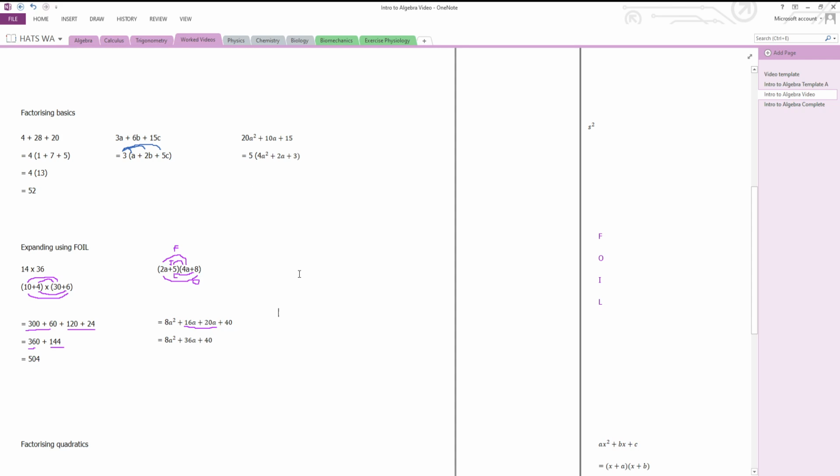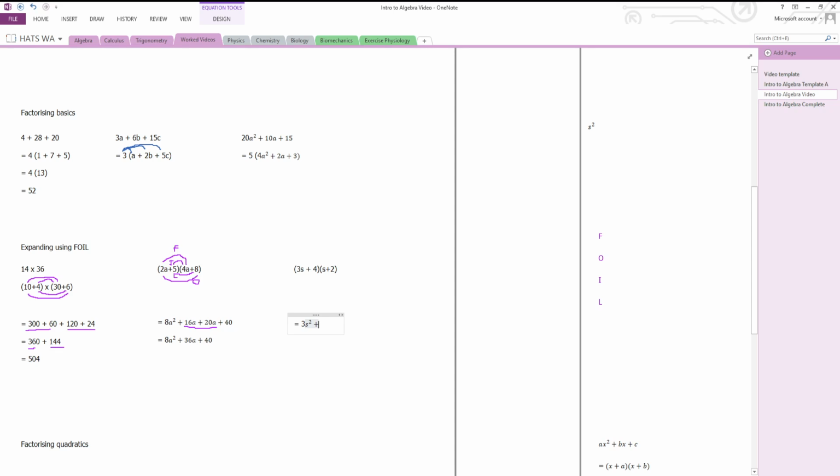Okay, let's move on to a last one. So let's say we have 3s plus 4 multiplied by s plus 2. So again, follow that same process. The first one of each bracket will give us our 3s squared. So let me just grab that s squared term. 3s squared.